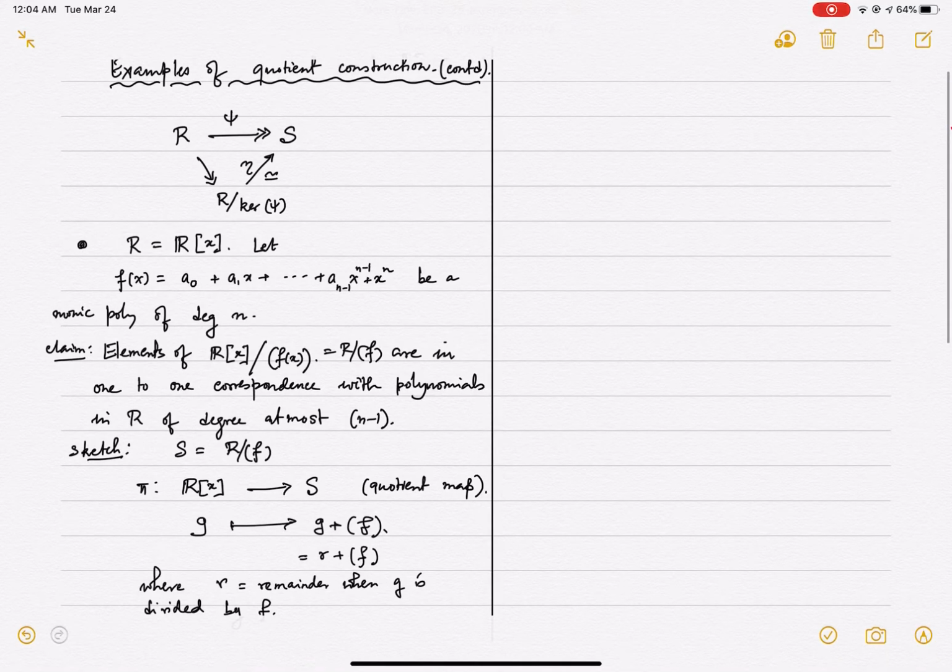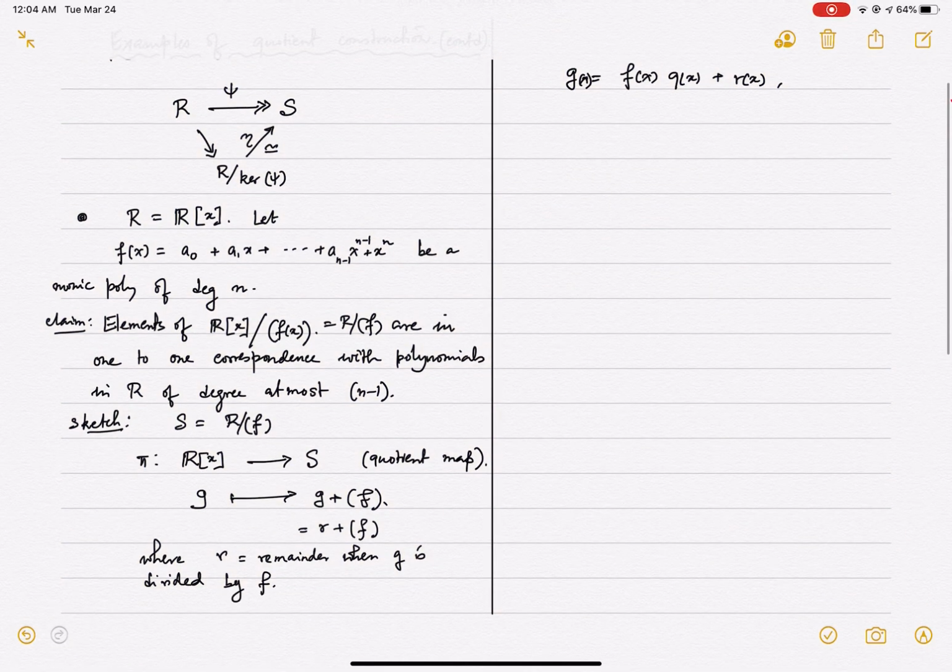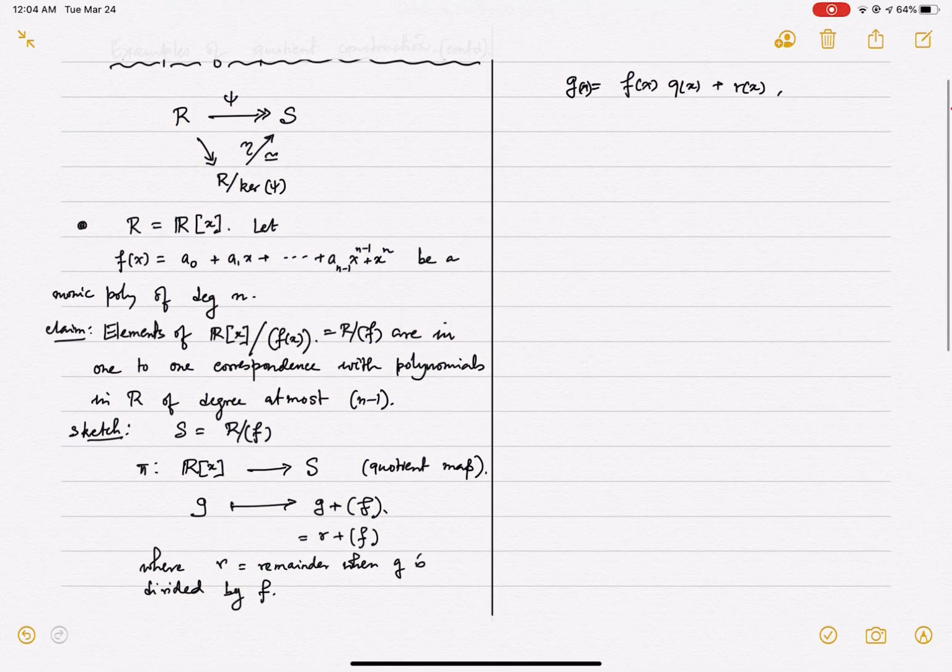Because you see, you can divide g by f and you get a quotient and a remainder, and then the difference of these two, g(x) and r(x), is a multiple of f, you see.